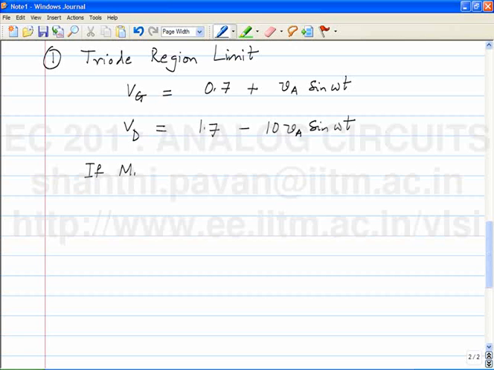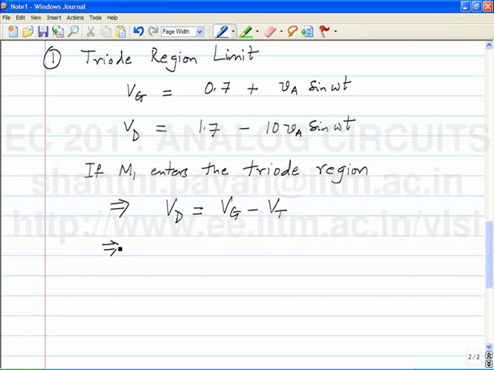And what is the condition for the device going into triode? M1 enters the triode region. This means that VD must become VG minus VT, which means that 1.7 volts minus 10 VA must become 0.7 plus VA minus VT.